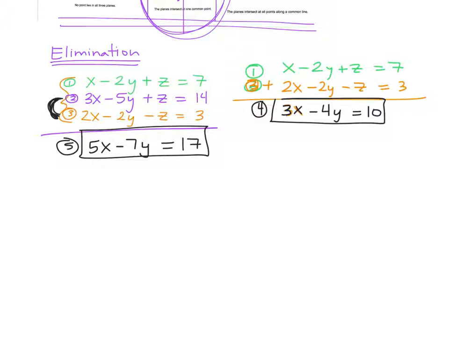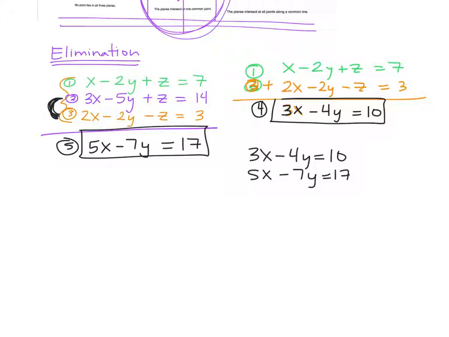Okay, from there, you know how to do elimination or substitution. We're doing elimination on this one. So we're going to take those two equations and try to eliminate either the x or the y. How can I eliminate my x or my y? Is it helpful to see them on top of each other? Right. If we get 5 and 3 to 15 and negative 15, life will be all beautifully in order.